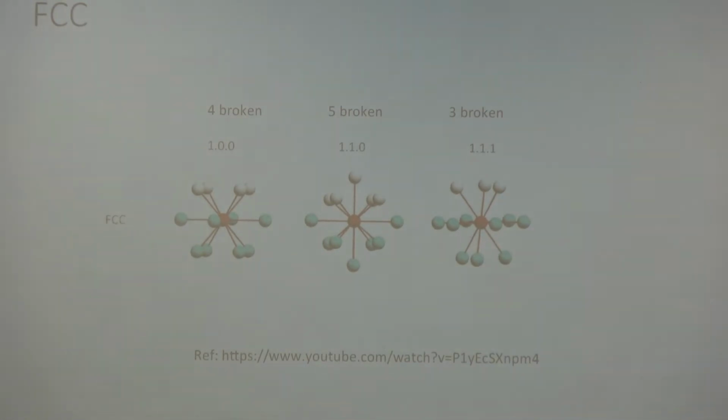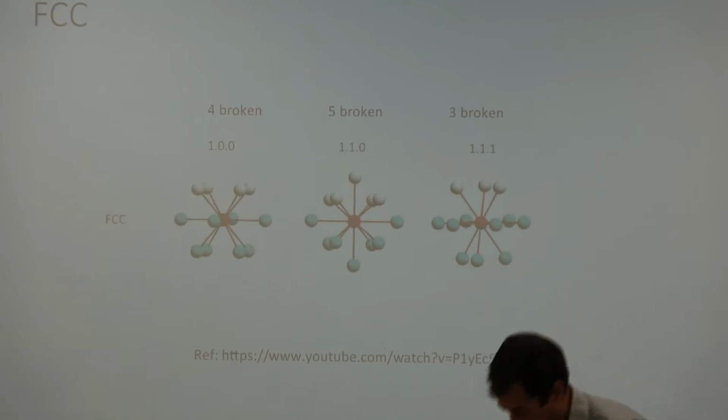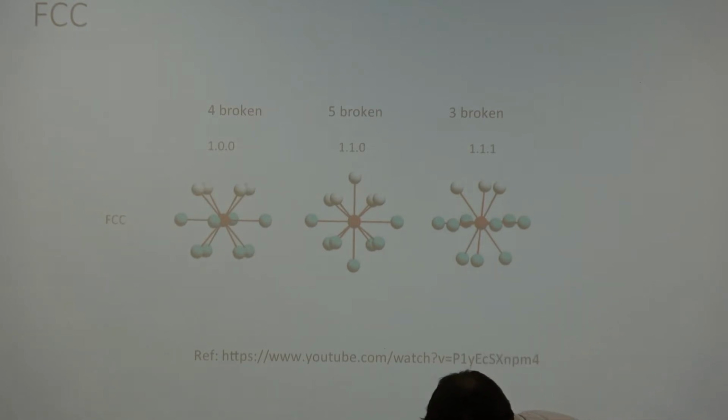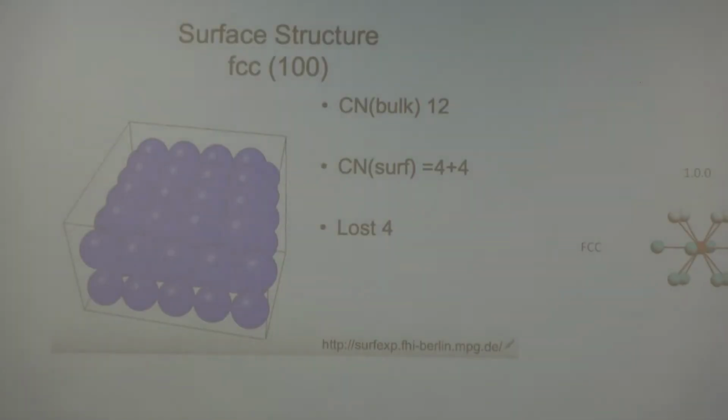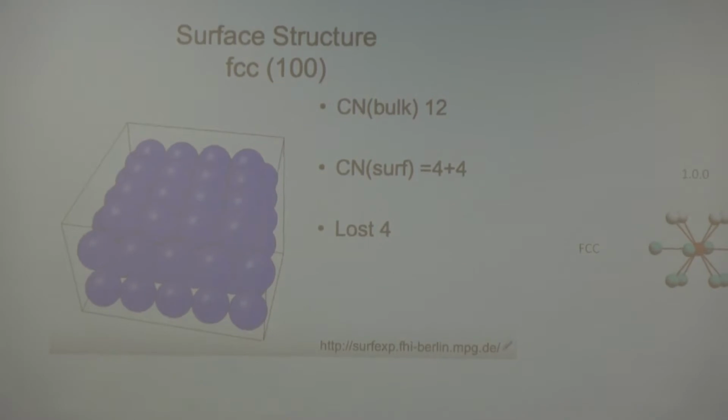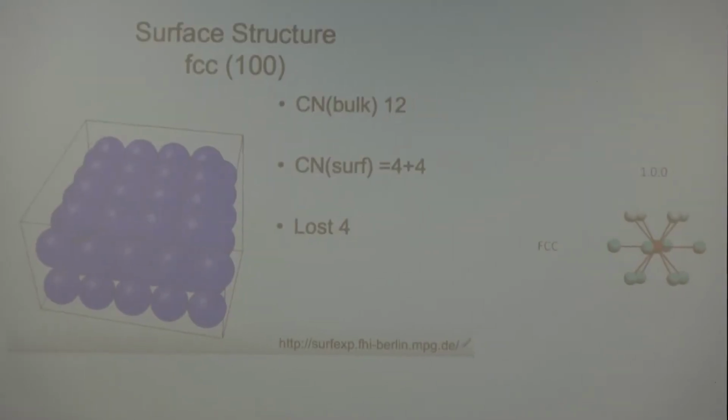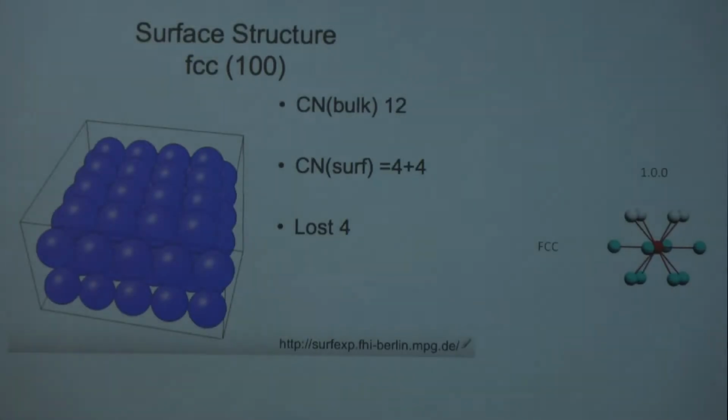Okay? I did some screenshots from this. I think it's almost easier to think about it in terms of how many are remaining and then subtract, as opposed to trying to visualize how many are lost.